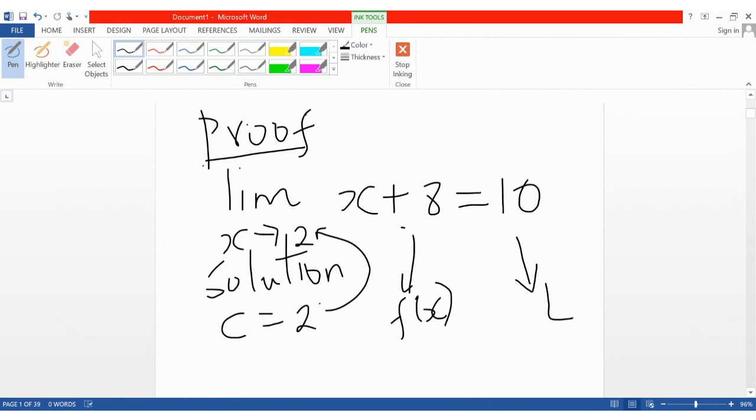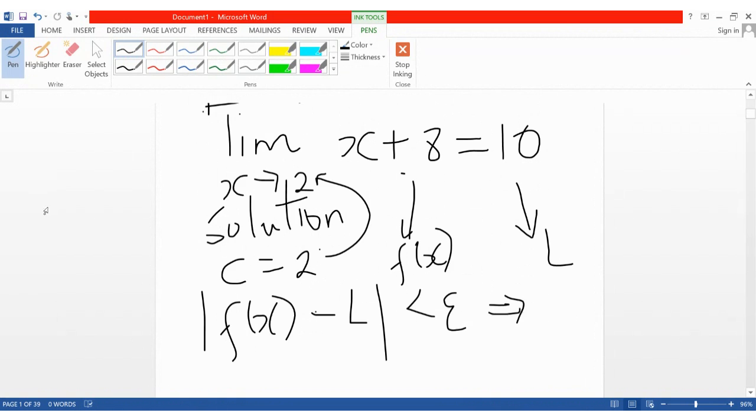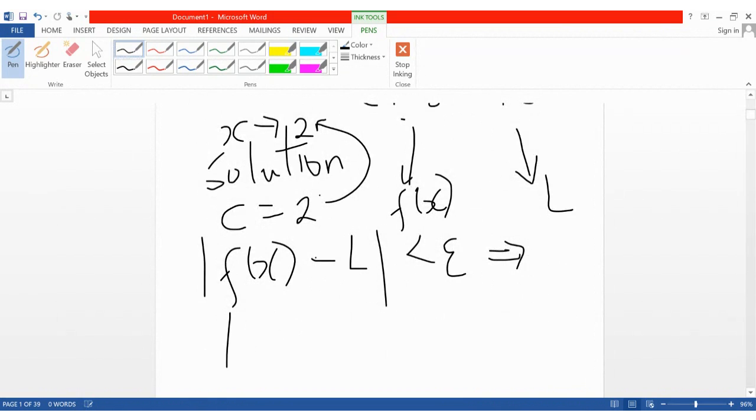So we are saying that there exists a delta greater than 0 and an epsilon greater than 0 such that the absolute value of f of x minus L is less than epsilon. This implies that there will exist a delta such that x minus c will be less than delta. So I'll just input everything the way it is.